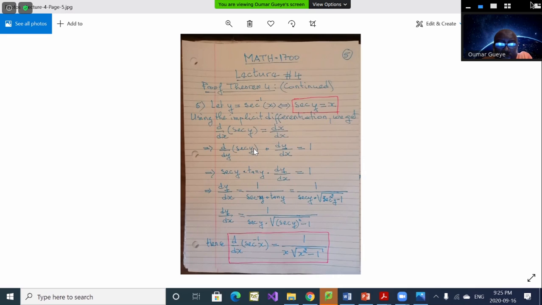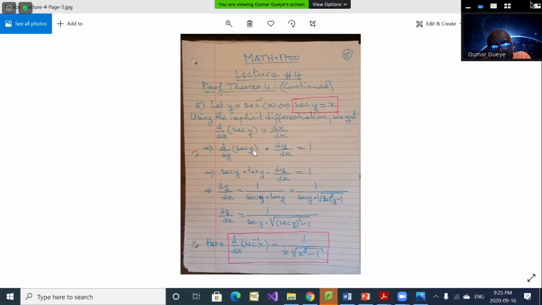When it comes time to differentiate secant of y with respect to x, we need first to get its derivative with respect to y and multiply it by the derivative of y with respect to x, as implicit differentiation says. The right-hand side now becomes 1 because you have dx by dx.